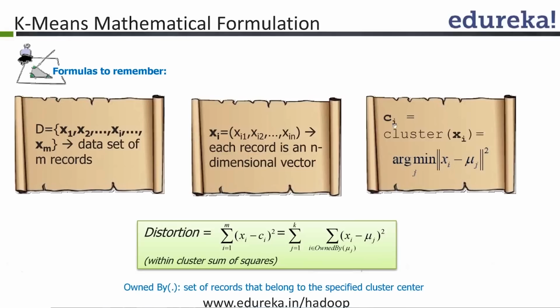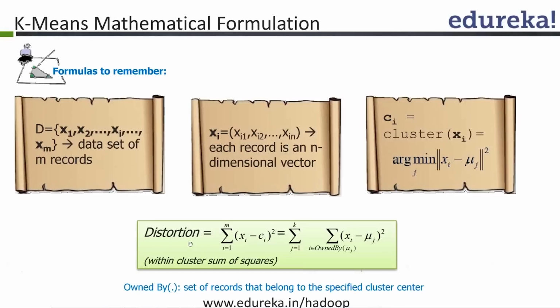So we just said Ci is the cluster to which xi belongs. That is the closest distance that you computed. Right? So you take all those closest distances for every data point and you square it up and you sum it up. Okay? This is the distortion that you can define.